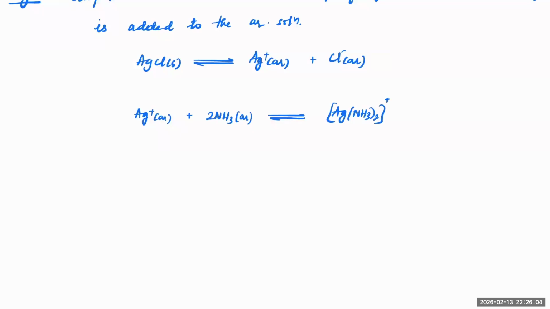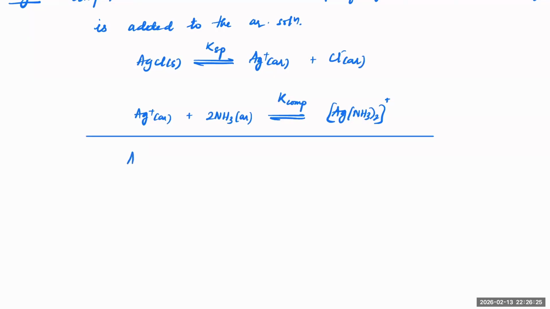Due to complexation, the solubility increases. So for this one, we write it as Ksp, while for the second case, this is called K complexation.